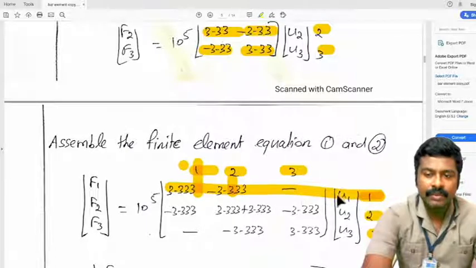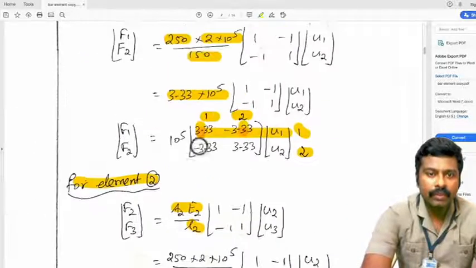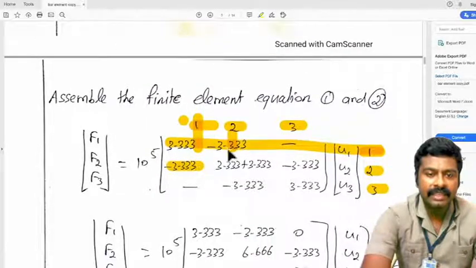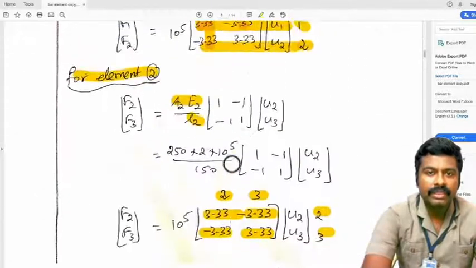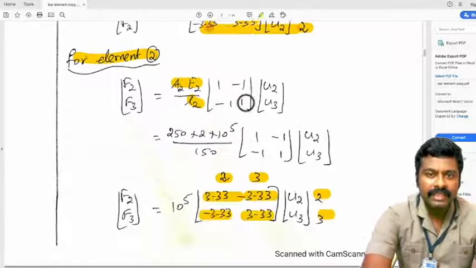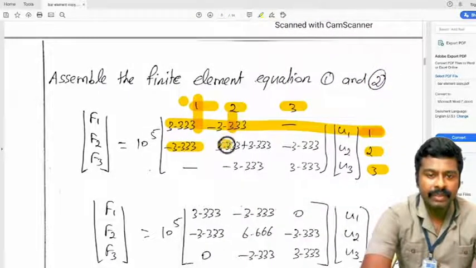There is no k31, therefore simply we put dash. k12 equal to minus 3.33, and k22 equal to, from element 1, 3.33. Therefore here we put the value minus 3.33 and 3.33, so the first element is over.